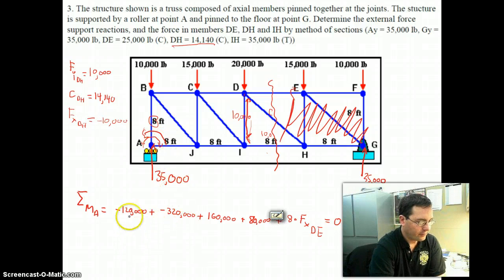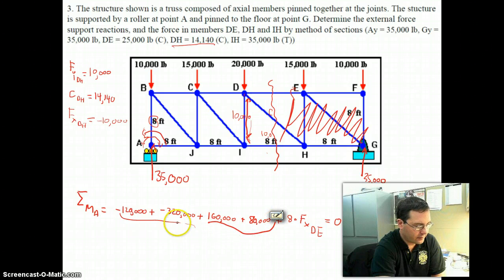So if I push this thing around a little bit, I end up with the sum of all of these moments, which is, specifically, negative 200,000. So I end up with negative 200,000 plus 8 times the force in the x direction of DE equals 0.